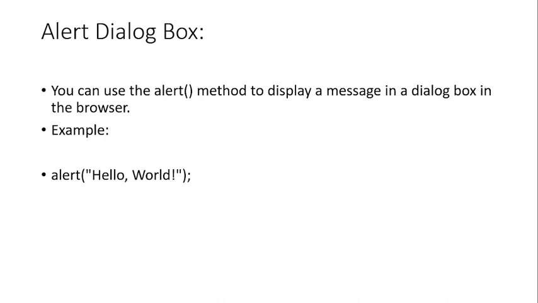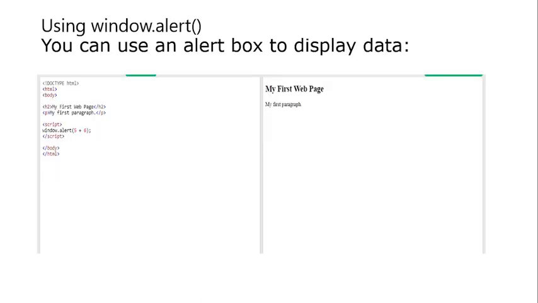The dialog box will pop up, and that is known as window.alert. In this alert box, we are getting the message hello, world. That is the message printed in the dialog box. This is achieved by the function called alert.